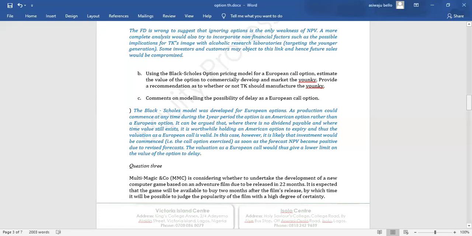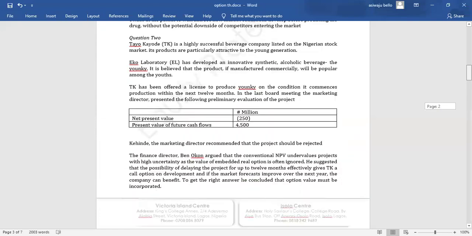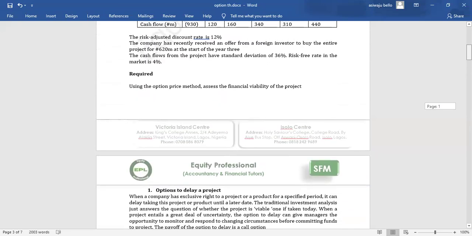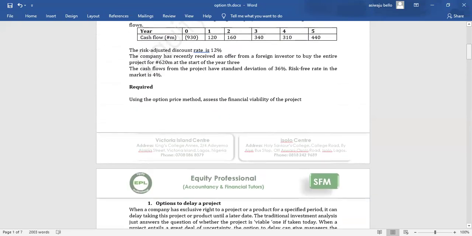But where project expectations are not met, the company may decide to delay the project, to abandon the project. It is not compulsory that if a company undertakes capital projects, it is not mandatory to take the project to completion.